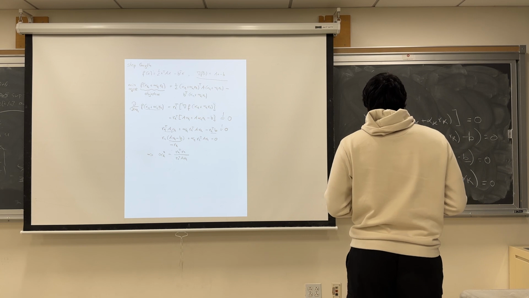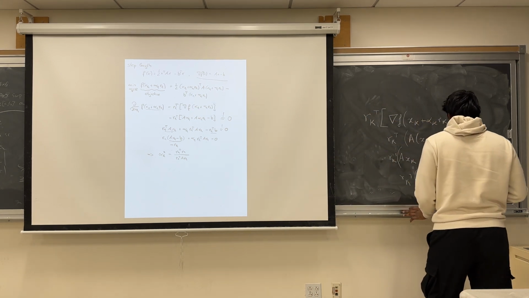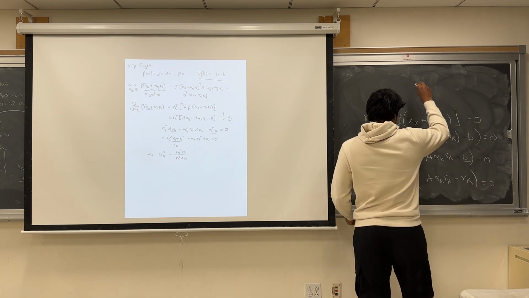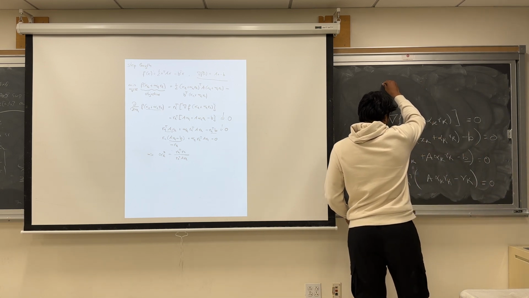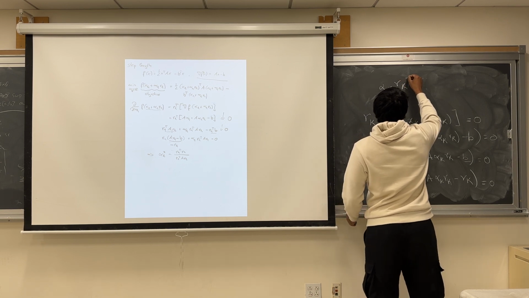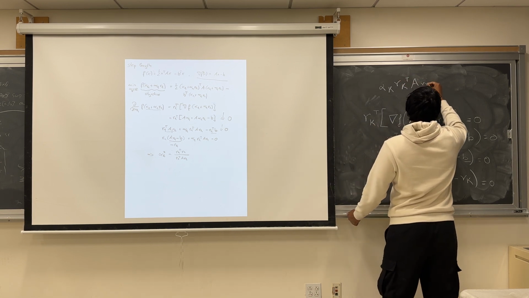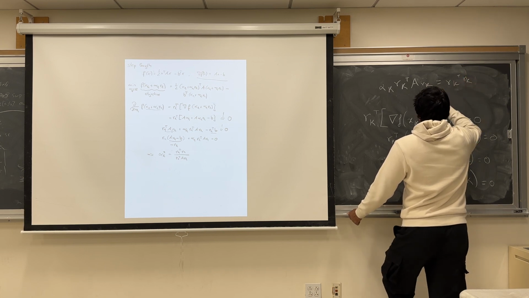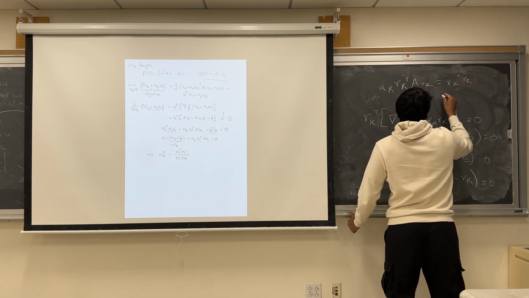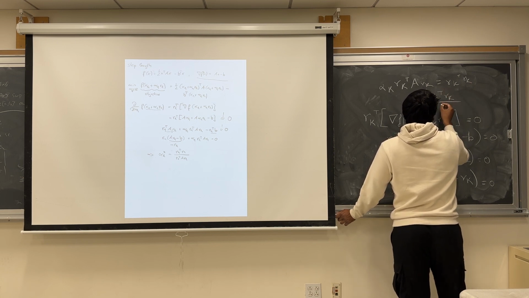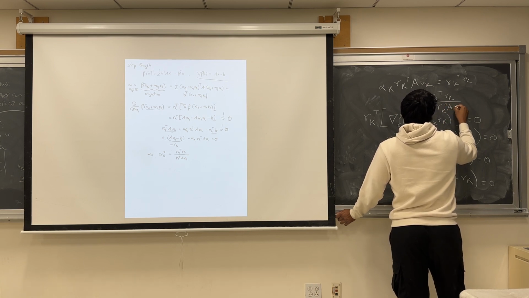Yes, I am doing right, everything correct here. I should not doubt myself. Alpha k rk transpose A rk is equal to rk transpose rk. So alpha k is given by rk transpose rk divided by rk transpose A rk.